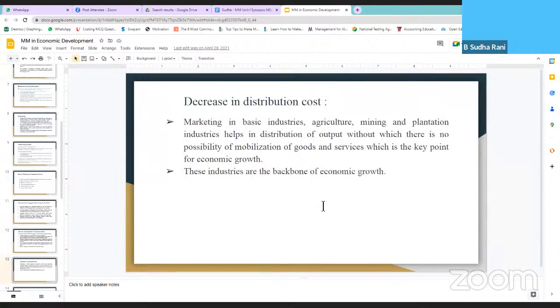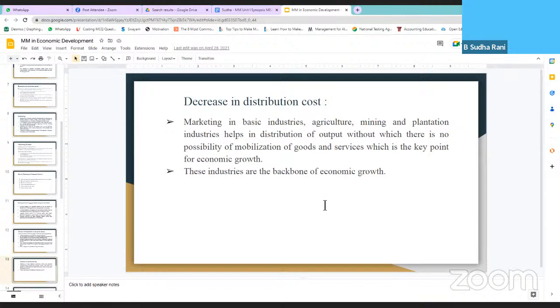The next one is decrease in distribution cost. Marketing helps in decreasing the distribution cost, because basically industries, agriculture, plantation industries all need distribution of output. Many industries are producing, and if there is no marketing function, distributing and selling their products becomes difficult.